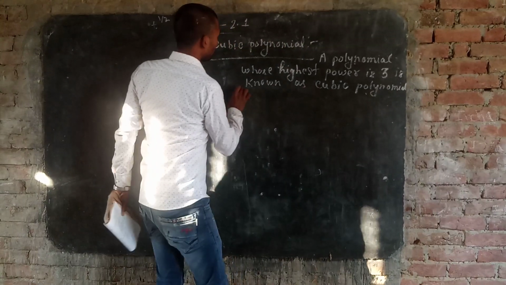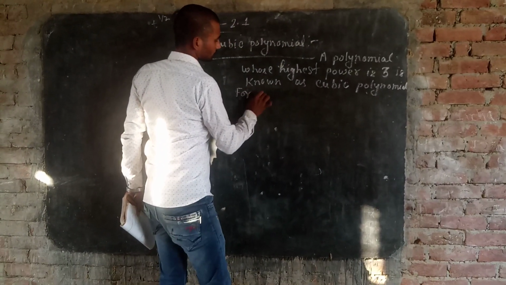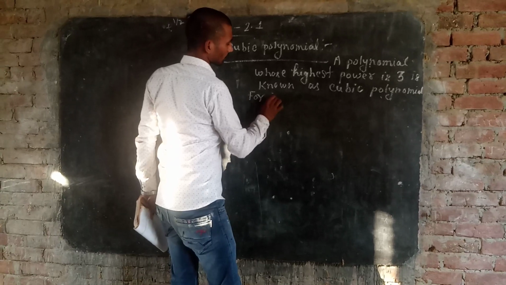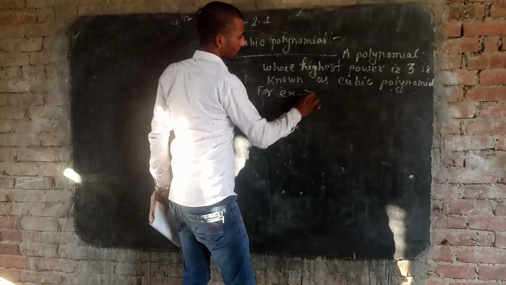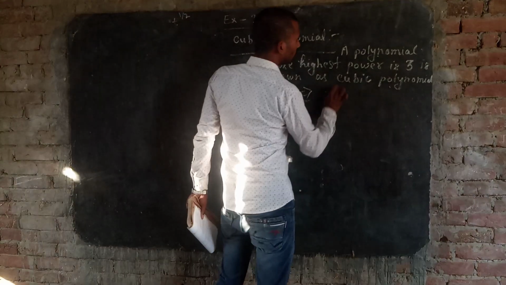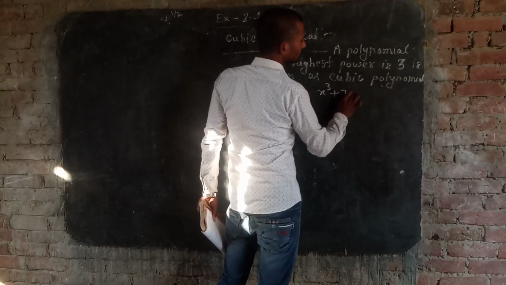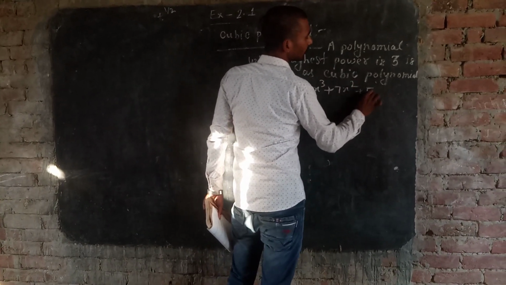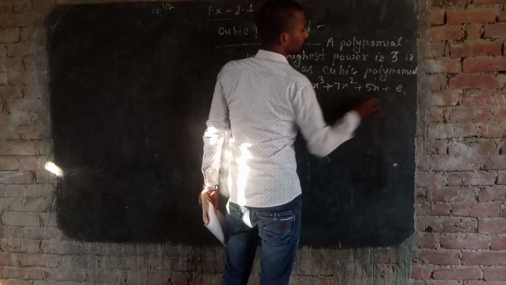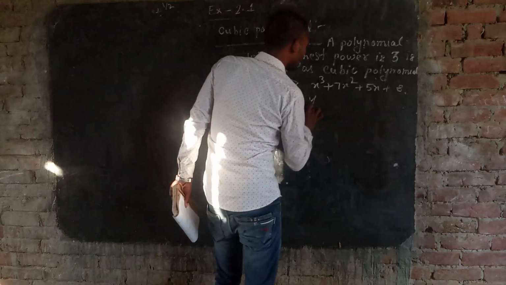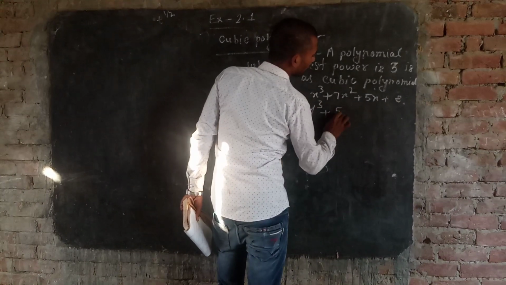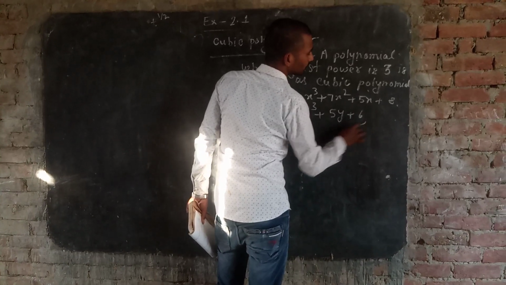For example, x cube plus 7x square plus 5x plus 8, y cube plus 5y plus 6, etc.